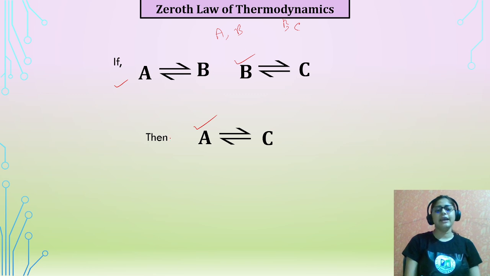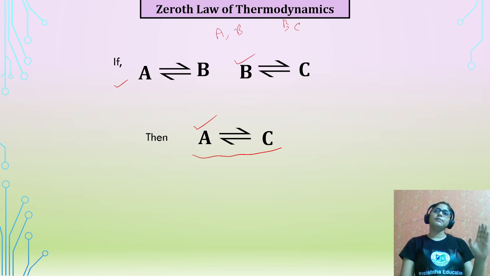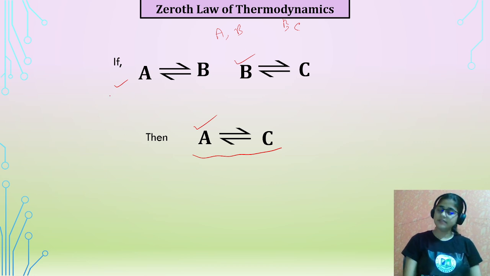Like that way, the zeroth law of thermodynamics is actually going on. A is in thermal equilibrium with B and B is in thermal equilibrium with C. Then A will be in thermal equilibrium with C. This is called the zeroth law of thermodynamics.